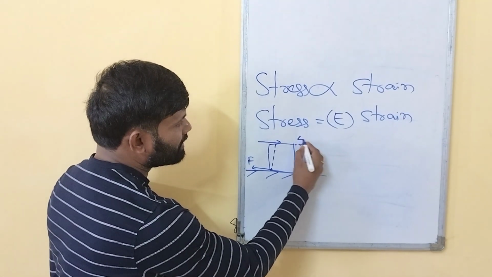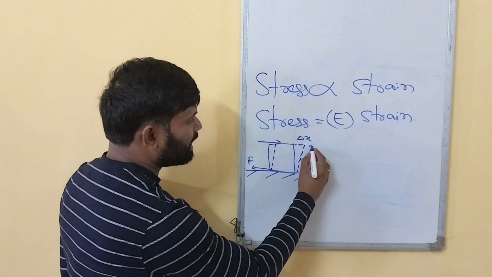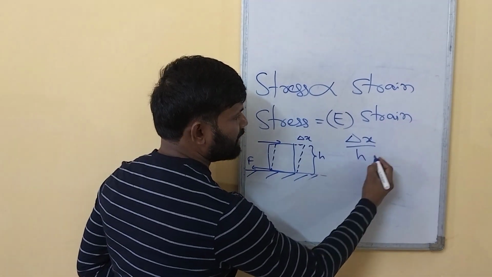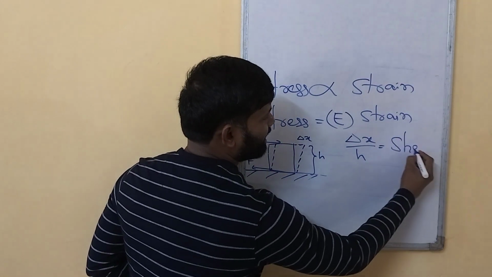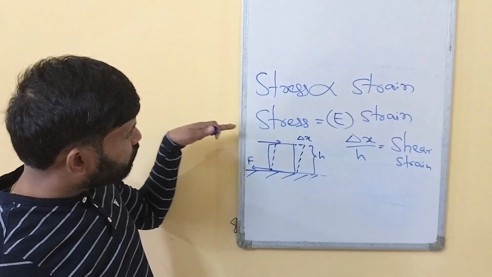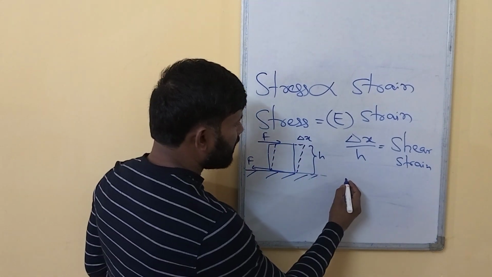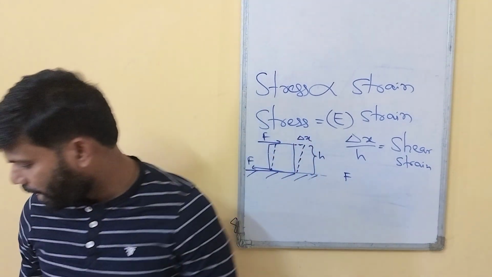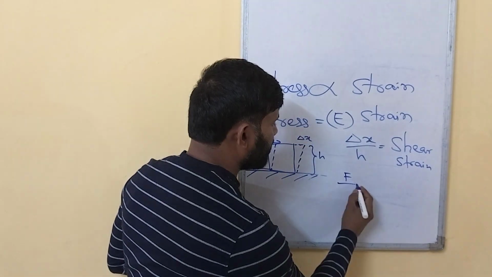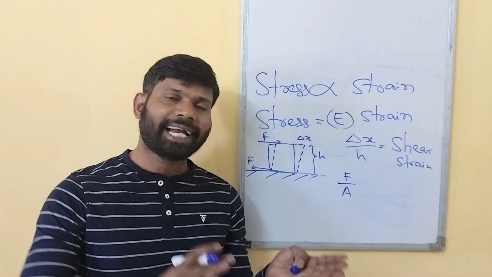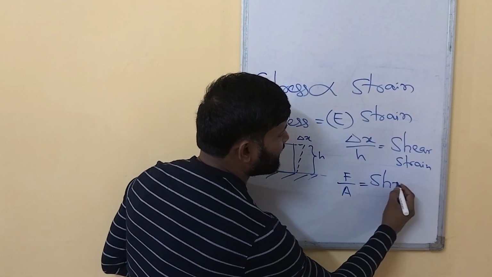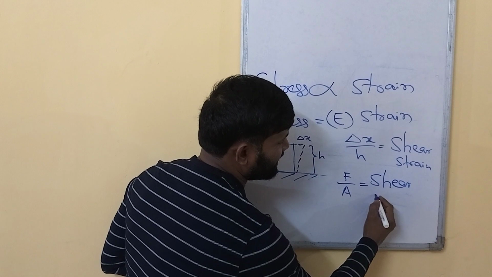So this is del x. This height is h. This del x divided by h is called shear strain. This force F I applied, F divided by the surface area A, where F is a force acting tangential to the surface, this is shear stress. So this is strain, this is stress.